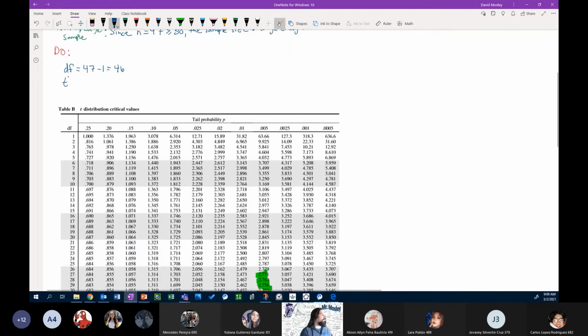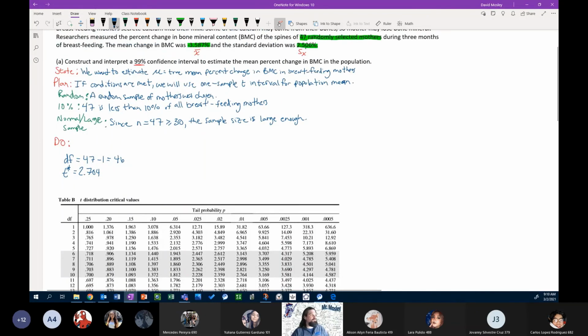So we use a t star of 2.704. Our sample standard deviation is a value that we got earlier, 2.506, and x bar is over here. So we need to do our math now.